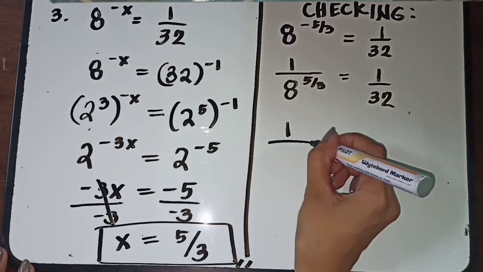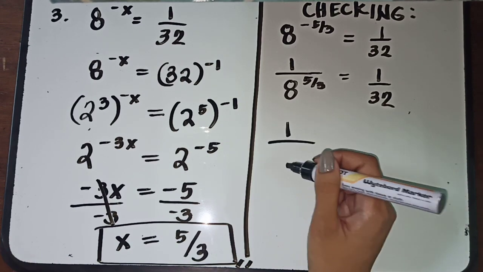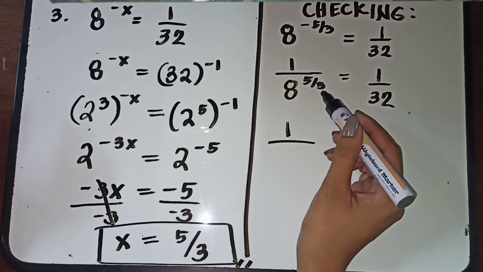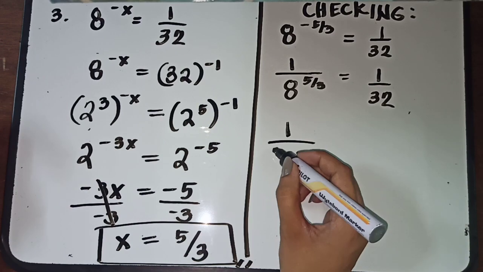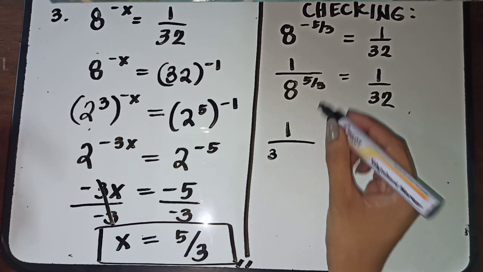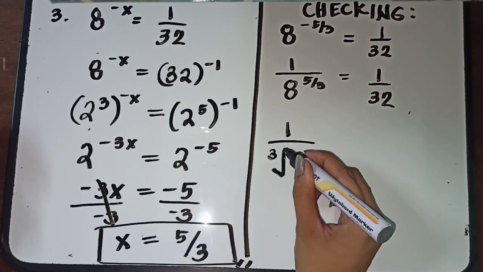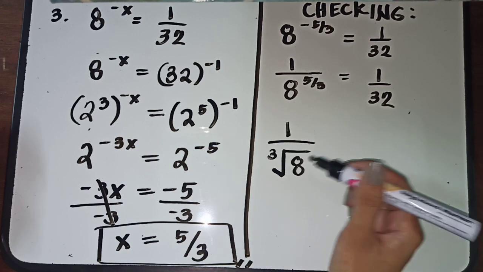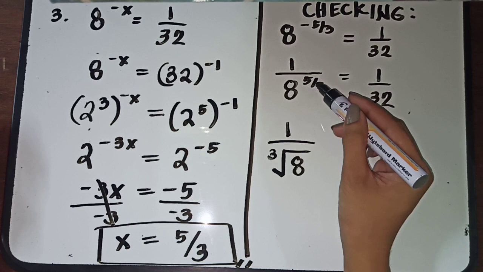We have 1 over, again, kung ano ang denominator, yun yung magsisilbing index. Ito yung magsisilbing root, nth root. So, denominator ko is 3. So, we have cube root of, the base is 8. And ano ulit yung exponent ko?